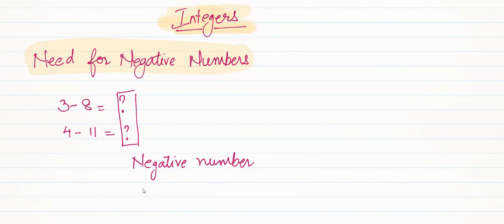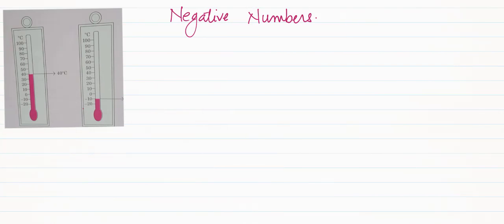Now let us see the importance of negative numbers. If you see this diagram, the two thermometers are showing two different temperatures. In this one you can see 40 degrees Celsius, and in this one you have minus 10 degrees Celsius. See, the role of the negative is coming up here. So there are two types of integers.